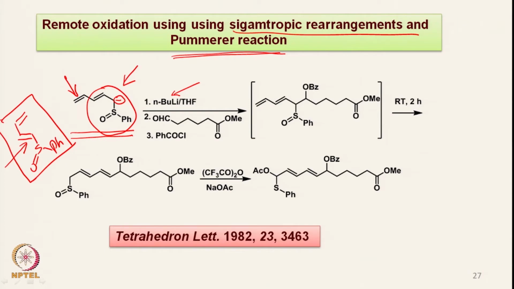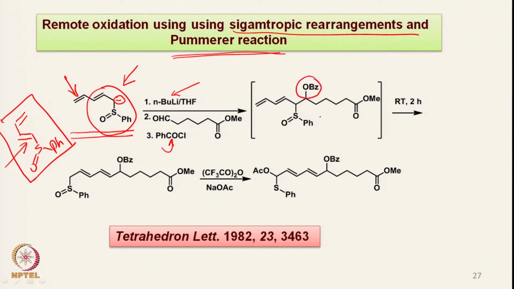So it is like an aldol kind of reaction, and when this anion reacts with the aldehyde and the generated OH is further reacted with phenyl COCl, benzoyl chloride, then what you generate is a benzoate here.